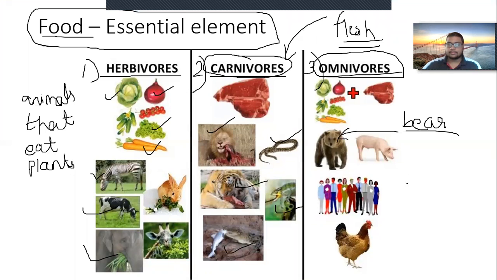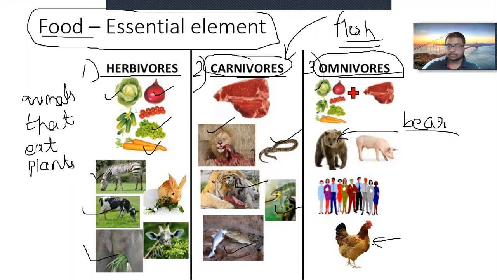Similarly, human beings also eat vegetarian food. Human beings also eat non-vegetarian food. Hence, human beings are omnivorous. Similarly, bear is also omnivorous. You can see here, here is a chicken. This also can eat both plants and animals.